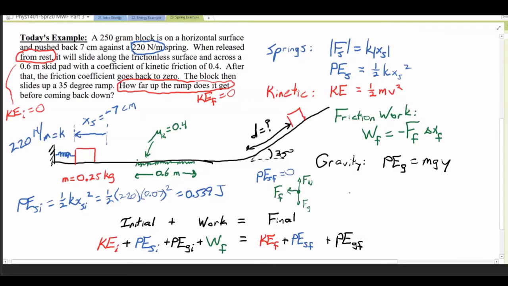And that's what allows us to say, oh yeah, this is one of those cases where the normal force is mg, and the force of friction is mu_k mg, which is 0.4 times 0.25 times 9.8.